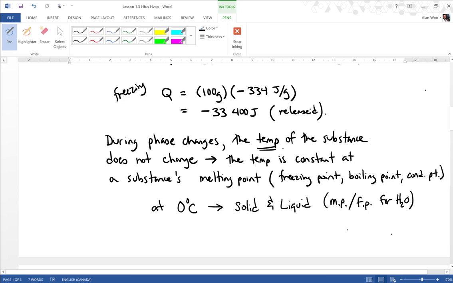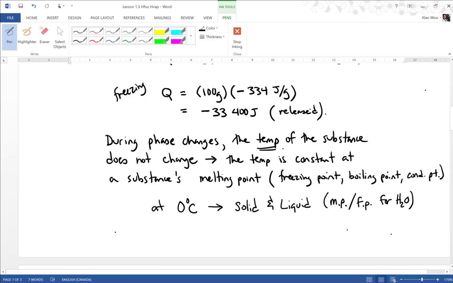If you're melting something or boiling something, once you reach that temperature, nothing else will change. The only thing that's happening is phase changing. The only thing that's happening with all that heat energy that you're adding in is to actually break or form bonds.